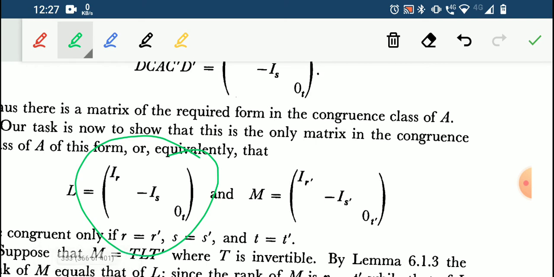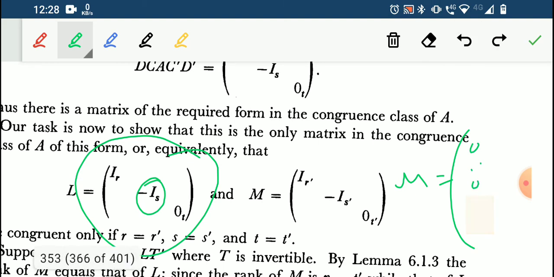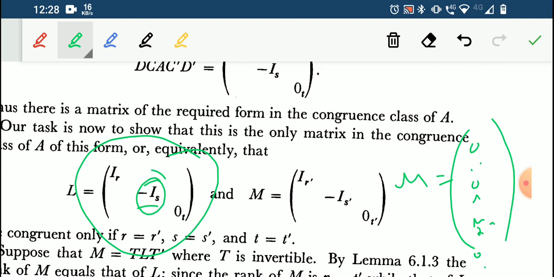If you multiply u and L, only these elements are multiplied, the rest is all 0, because u has all elements 0 at the beginning, and only the elements u_{R+1}, u_{R+2} till u_{R+s} get multiplied with the minus identity.